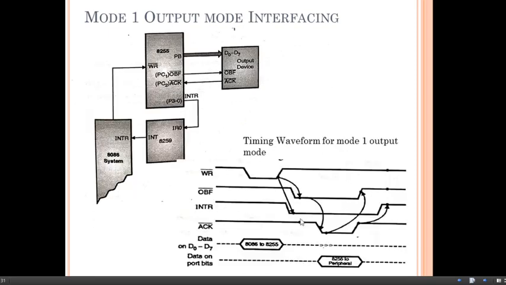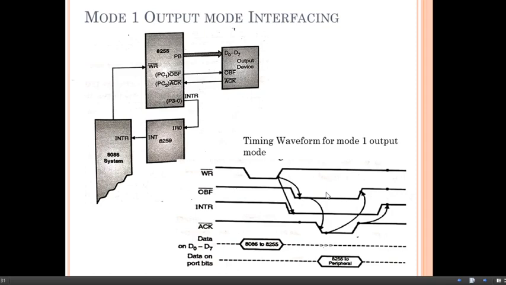Now this is the timing waveform for mode 1 output mode. As we have seen the working, what happens? First of all, the OBF bar signal is activated.